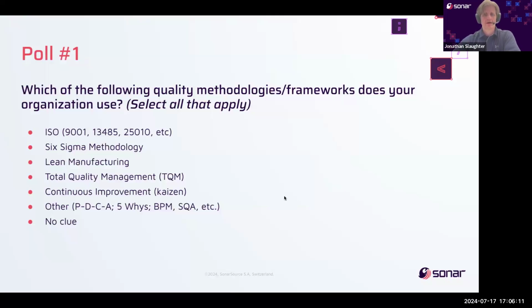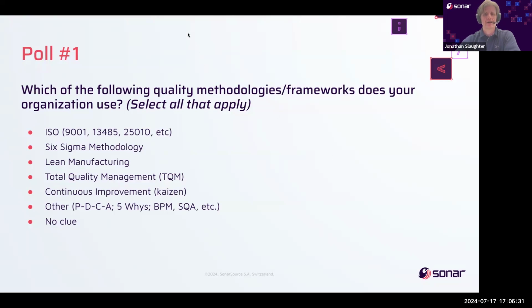Okay, good. I'm going to go ahead and stop sharing that. Okay, and let's share results. Okay, and I will move on from here.